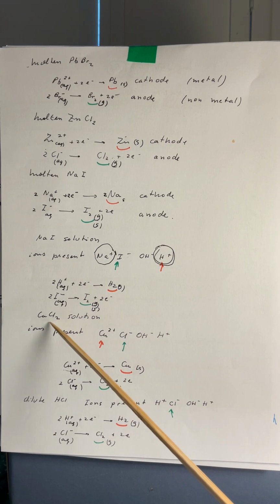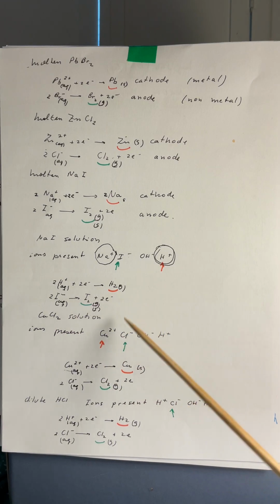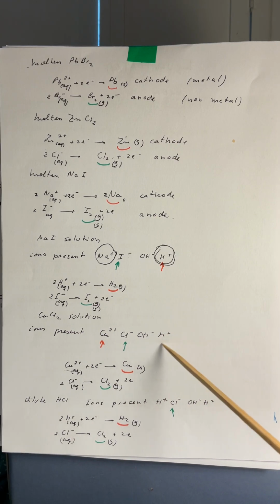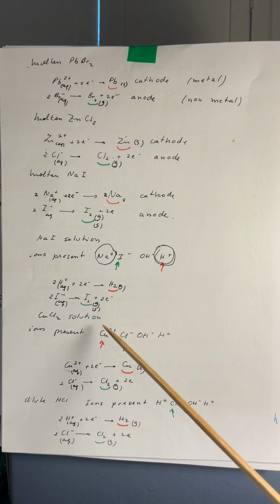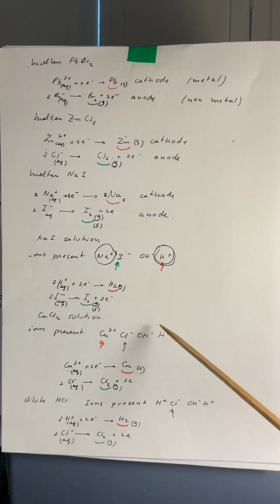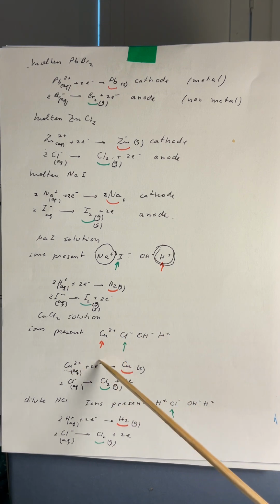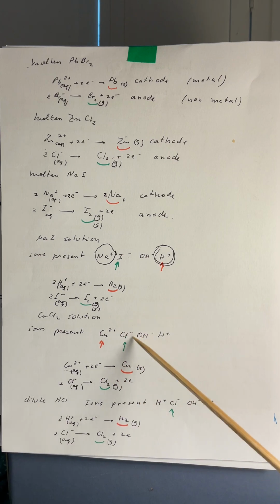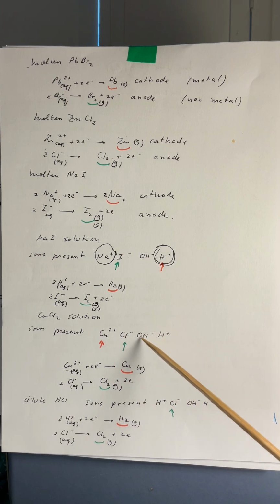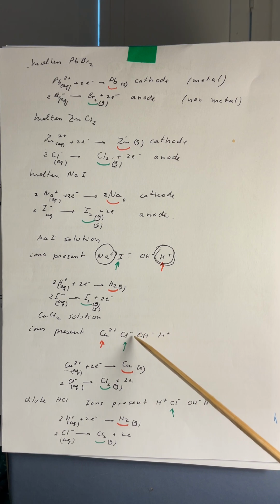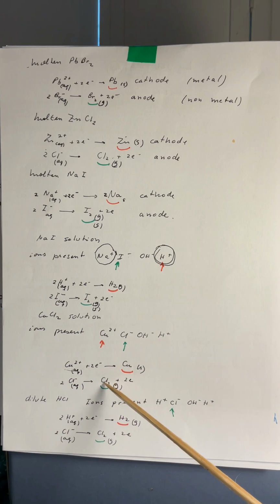Calcium chloride, copper chloride, you have copper, you have chlorine, hydroxyl, and hydrogen. And now your copper is less reactive than hydrogen, so that is the one that discharges, and the chloride is preferable to hydroxide, so it forms chlorine.